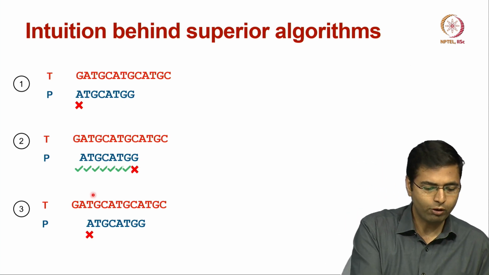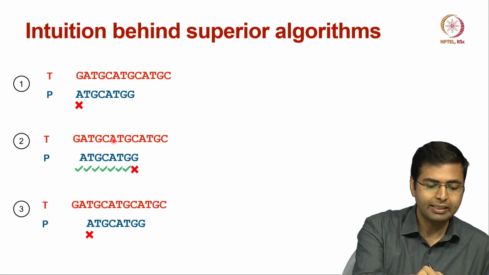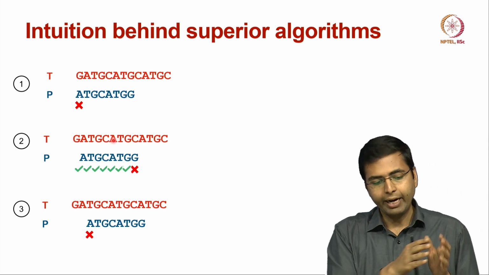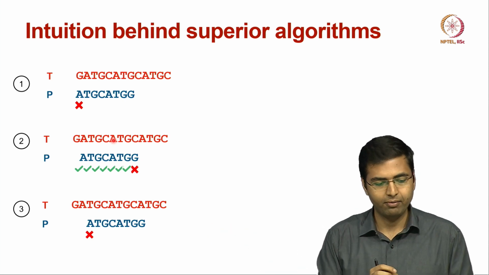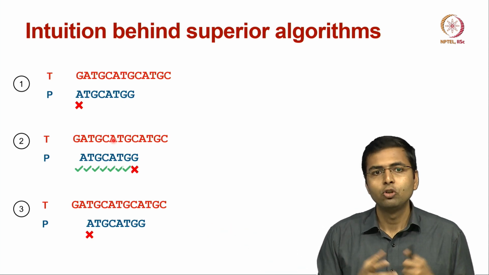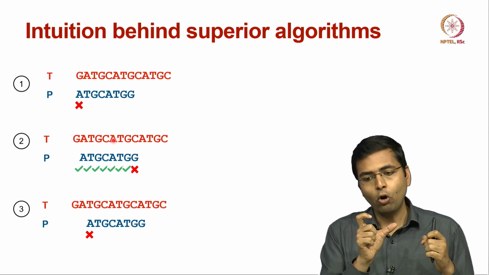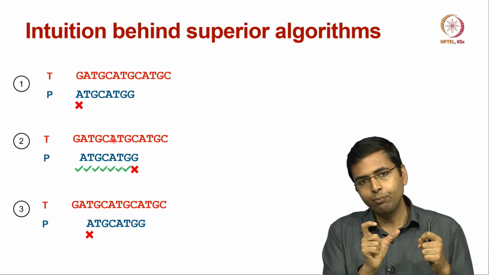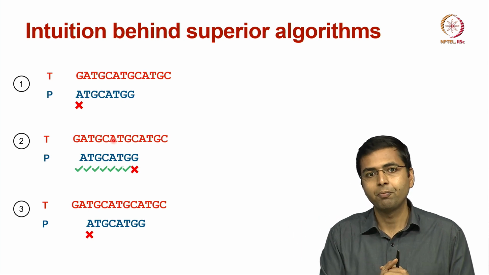There is no point in repeating this 3rd iteration, because we already know that the next occurrence of A is at the 6th position in the text, and we should slide the pattern all the way to the 6th position. So, that may be one intuition that efficient algorithms may use: to not move the pattern one by one, but move the pattern by more than one whenever possible.